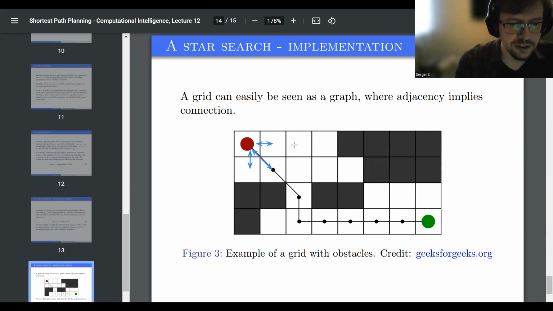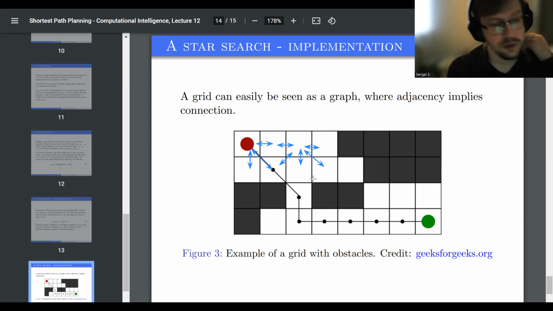You can say that this node is connected to this node, to this node, to this node, to this node, and to this node, etc. So you can easily use a grid to replace a graph. And you don't have to have an explicit graph-like representation of your whole thing.